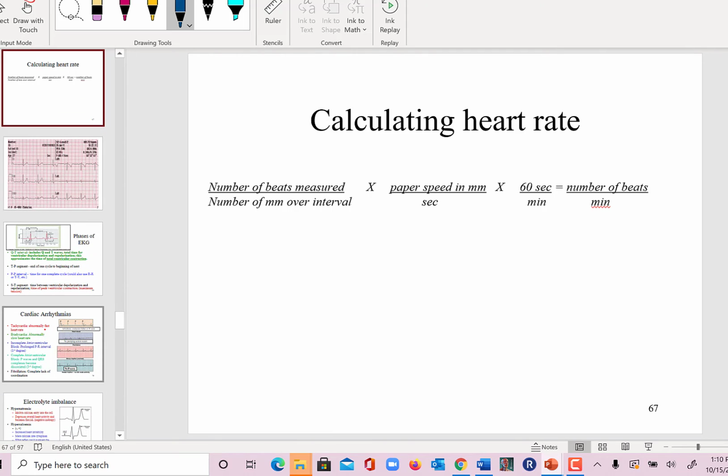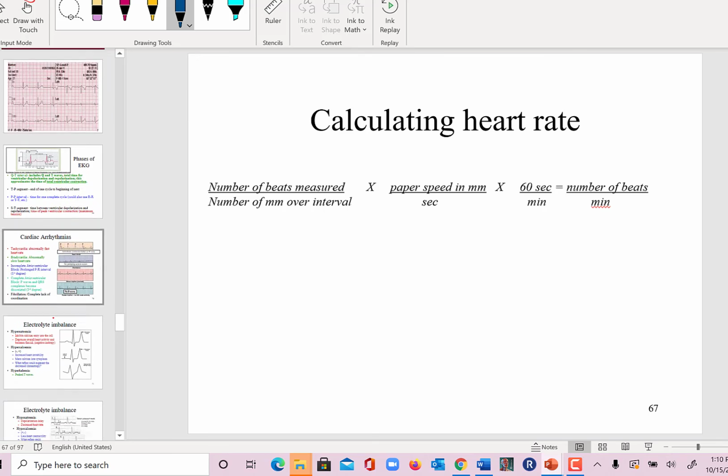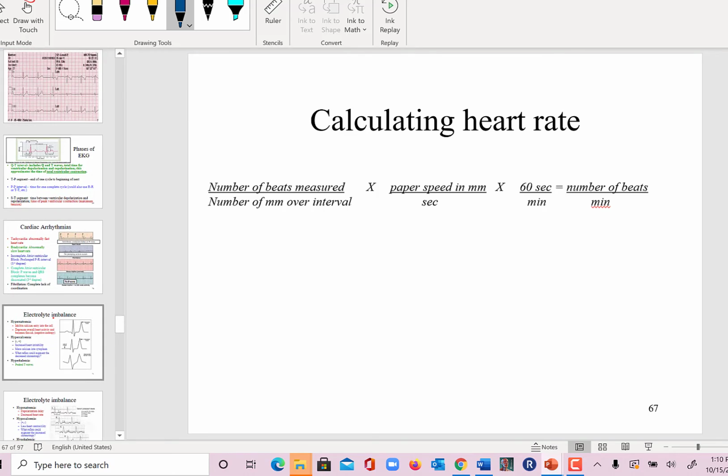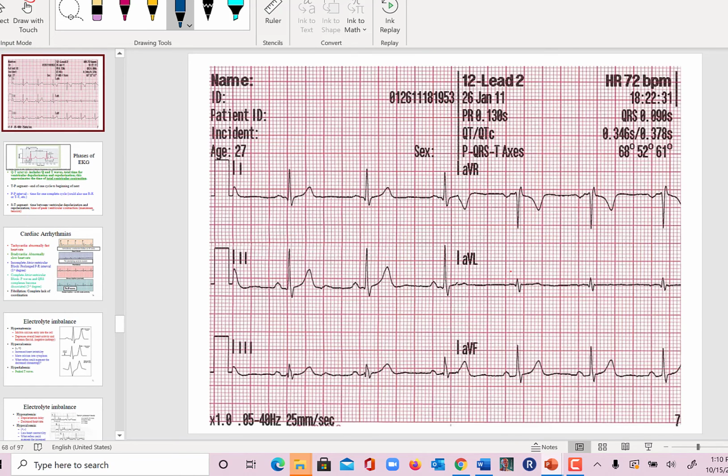Okay, one of the last few things that I'm going to talk about in this video as far as calculations is calculating heart rate. This is straight from your lab manual. You can use any lead you want. I'm going to calculate heart rate using lead 2.